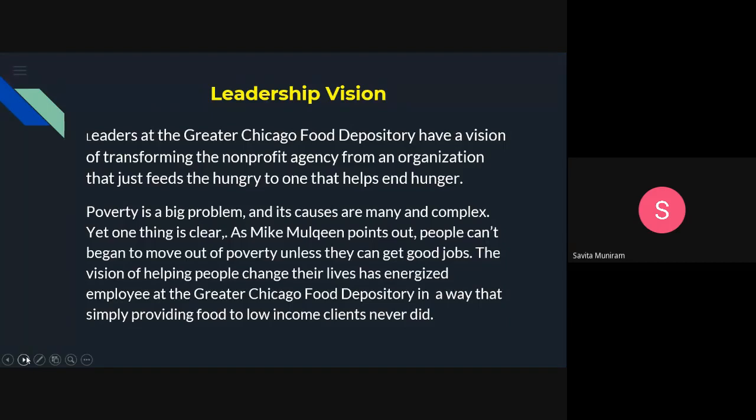Yet one thing is clear, as Micah McQueen pointed out: people can't begin to move out of poverty unless they can get good jobs. The vision of helping people change their lives has energized employees at the Greater Chicago Food Depository in a way that simply providing food to low-income clients never did.